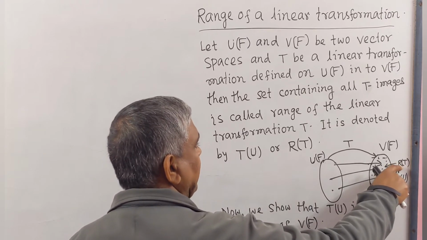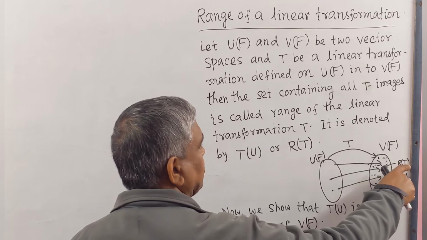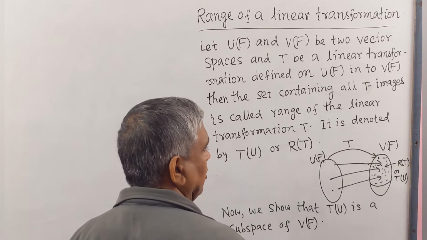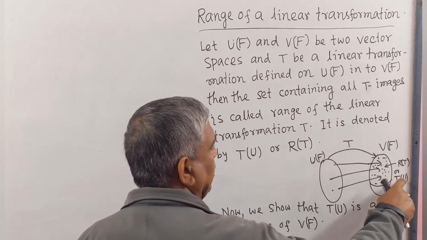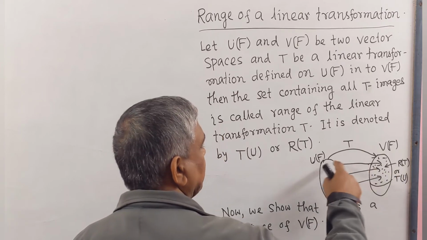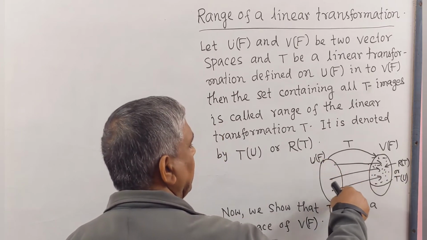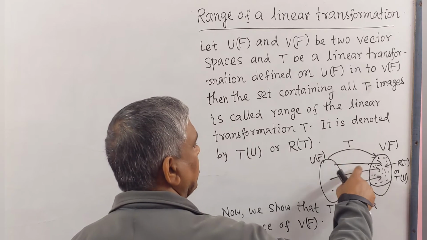R(T) means range of the linear transformation T, or T(U), means image of all elements of U.